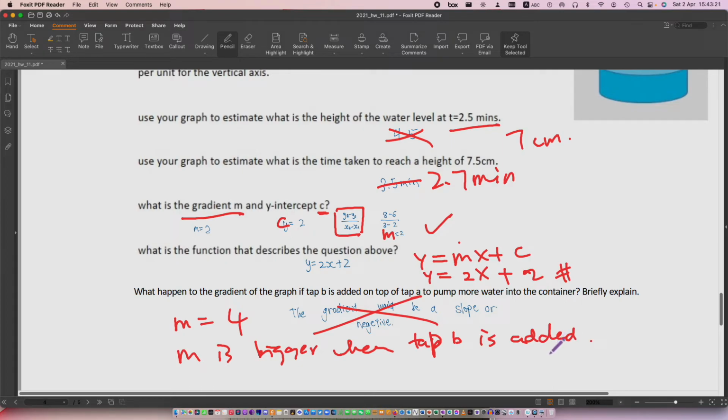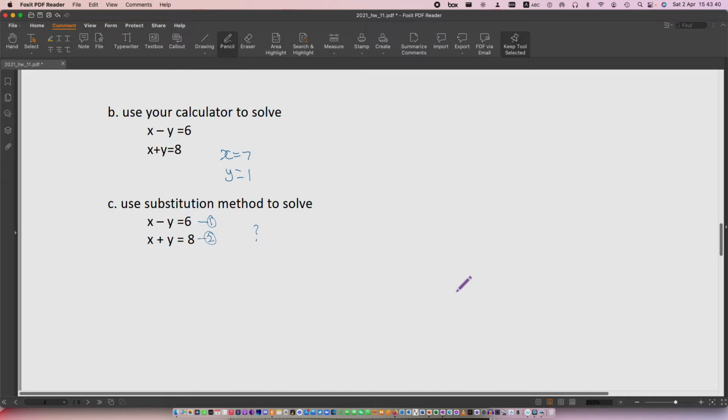Okay? How do you explain? You just show how you get the m, and at the same time you need to draw it out. That's how you show. Okay? Next.